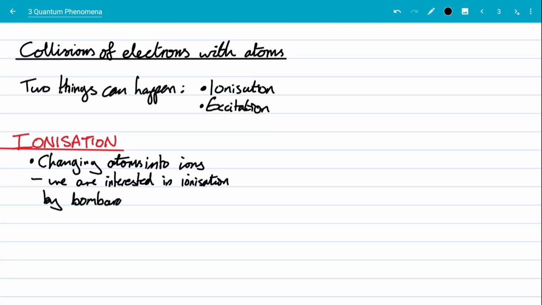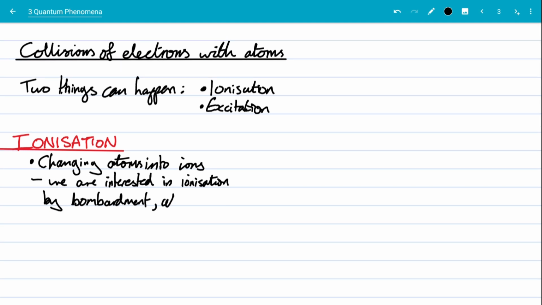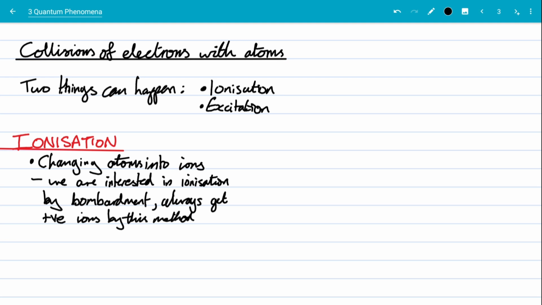And in that case, we will always get positive ions, because what we'll do is knock electrons out of atoms. So we always get positive ions by this method, and we might use the shorthand plus ve for positive ions. We're not denying the existence of negative ions, but we're just making positive ions by bombarding neutral atoms with electrons. But it doesn't always happen.